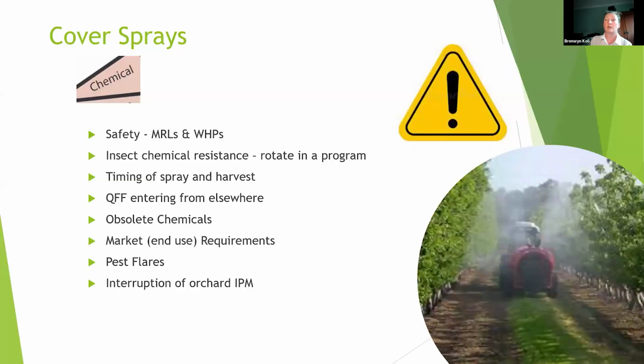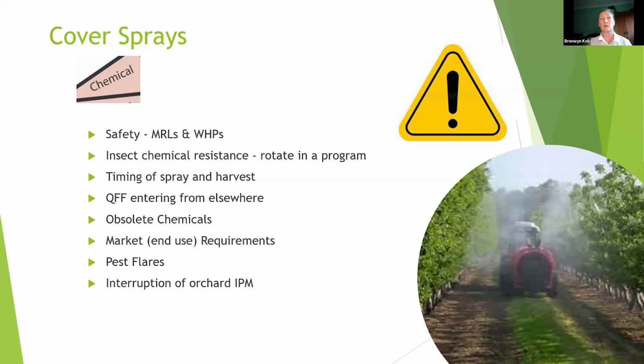So cover sprays are a chemical solution. We have to be very careful with safety. Now we also have to consider maximum residue limits, that's that MRL abbreviation there, and withholding periods, that's WHP. So you can't use a chemical that's going to exceed the residue limits that's safe for consumption or your end use.